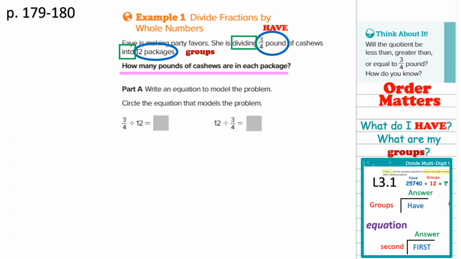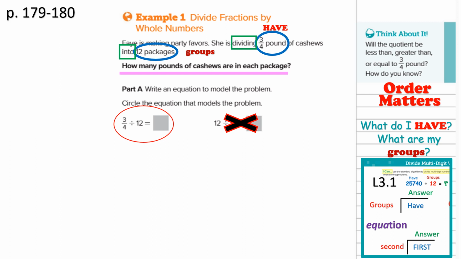So when I look at the two different problems, it says you need to circle the one that is going to give you the right math. It's going to put the 3/4 in front. I talk about this because when you were doing last night's homework assignment on question 8, which was talking about different weights or pounds and different colors, and you had to do purple and yellow, and put it into 3/16 pound bags, many of you were putting the 3/16 in front and trying to divide by how much weight you had in the two different colors.